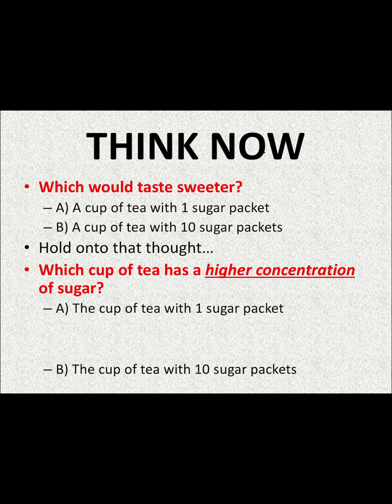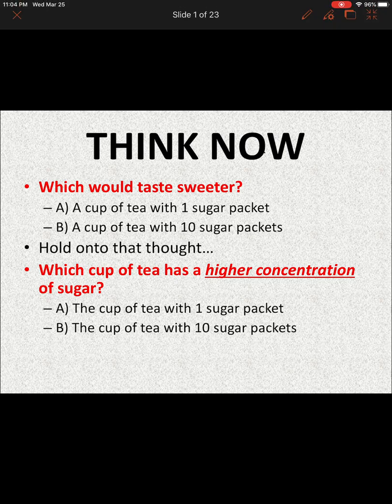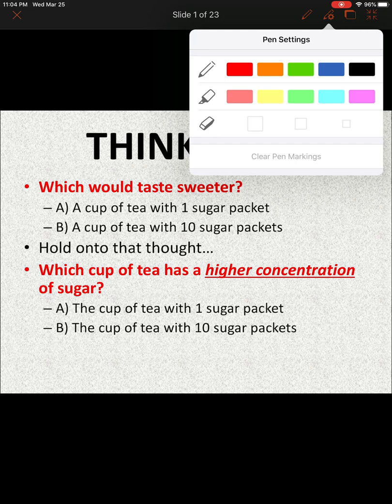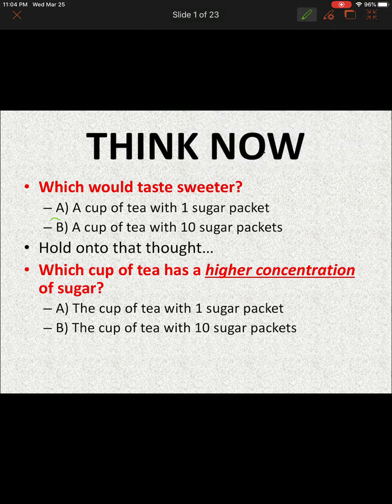Well, you hold on to that thought. Because which cup of tea has a higher concentration of sugar? The cup of tea with 1 sugar packet, or the cup of tea with 10 sugar packets? Now my guess is you know the answer to this, right?